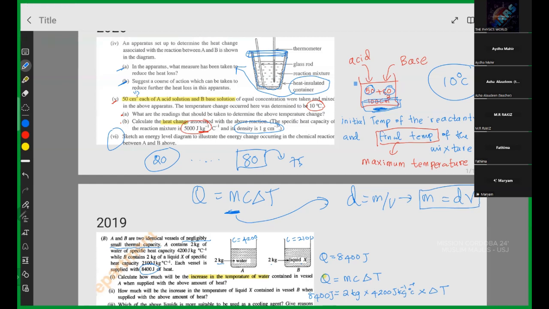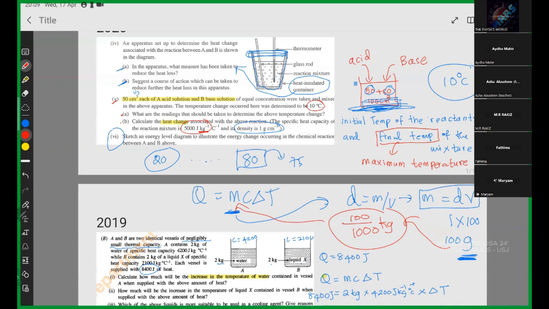We have the density, 1 gram per centimeter cube, and the volume, 100 centimeter cube. So mass is 100 grams. But are we using grams directly? No, we have to convert the grams to kilograms. So 100 you are going to divide by 1000 to get kilograms, and this one you can use in this equation.